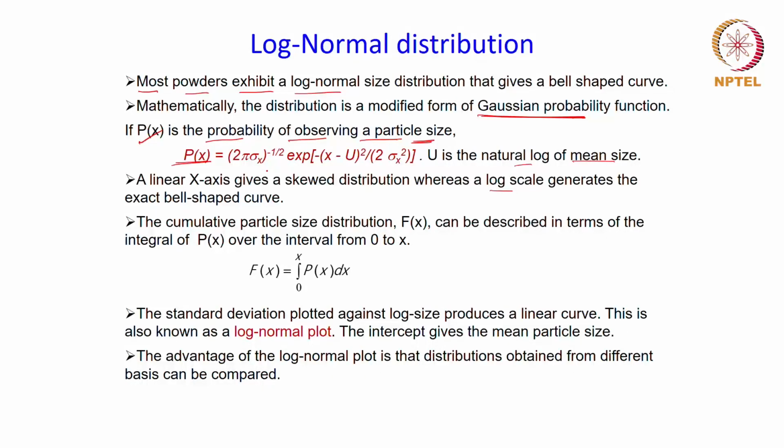And the cumulative distribution that we talked about just now can be represented by this. So, as we have seen, this is a summed up representation of the data, and that is what you see over here also, that the data is summed up from a particular size to a given size x, or over a particular interval from 0 to x.